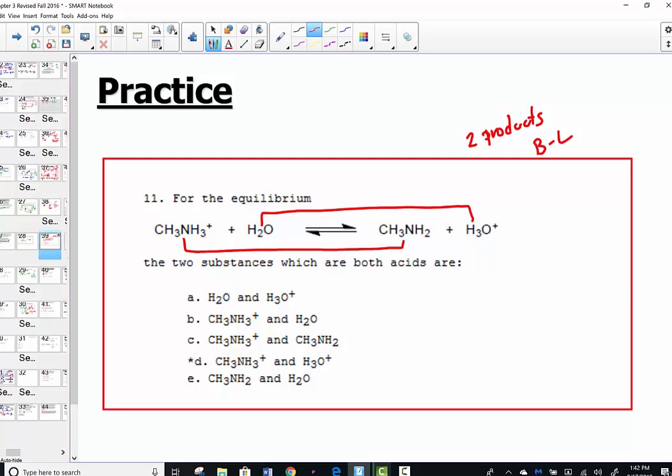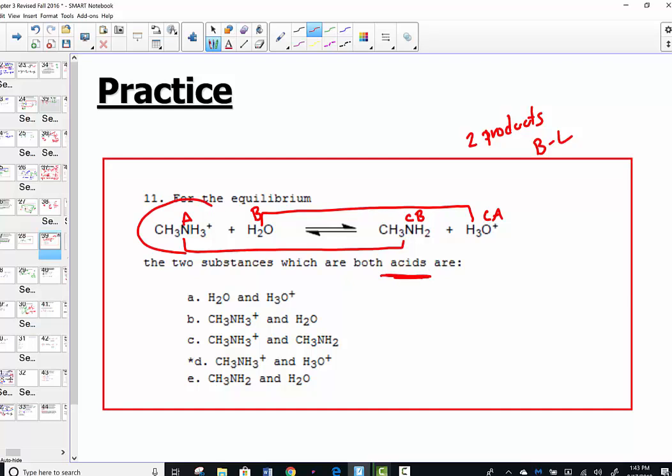The one with more hydrogen is always the acid. The resulting species is its conjugate base. The one with less hydrogen is the base. The resulting species, after it accepted the proton, is called its conjugate acid. So which ones are acids?